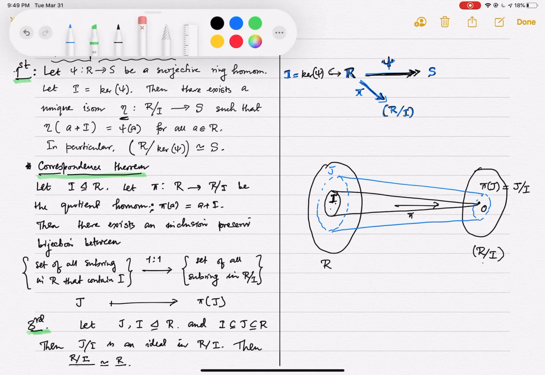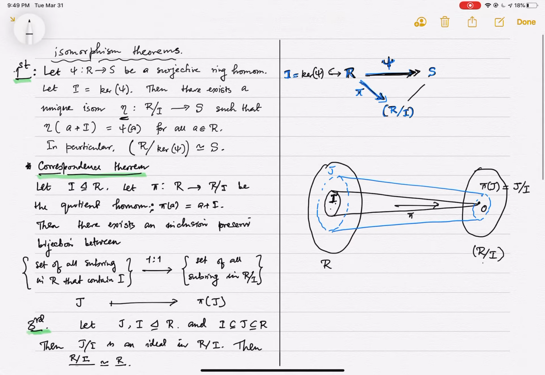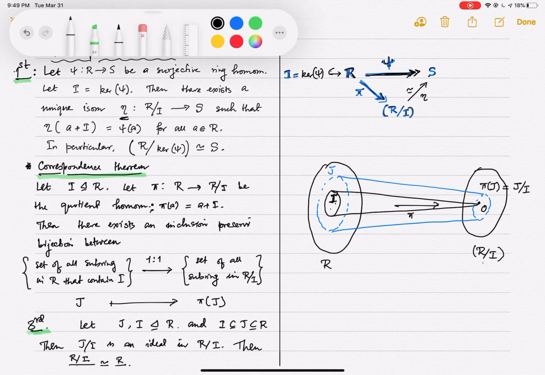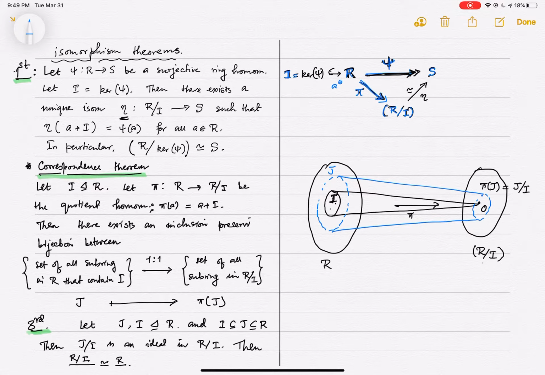The theorem says that given all this, there exists a unique isomorphism eta from R mod I to S. So in particular, R mod I is isomorphic to S. It also tells you what that isomorphism is. It says that if you start with an element A in R, if you go down using pi, you're going to go to the coset. That's what pi does, takes an element to its coset.